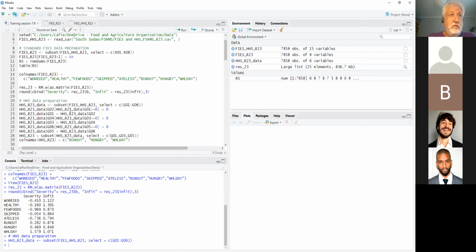Now, instead of carrying on 2 columns per each experience, I am just consolidating them.